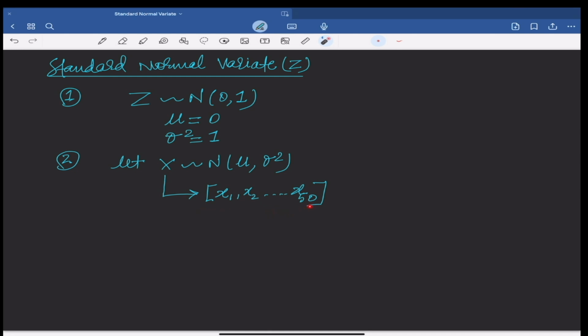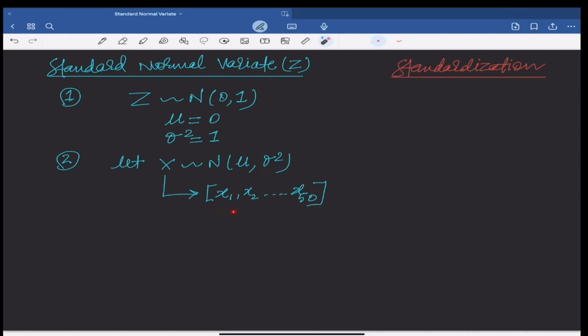Now given these observations of x, I can standardize these values. For that I can apply a transformation called standardization. One thing to remember is that these random variables have a mean of mu and a variance of sigma square.